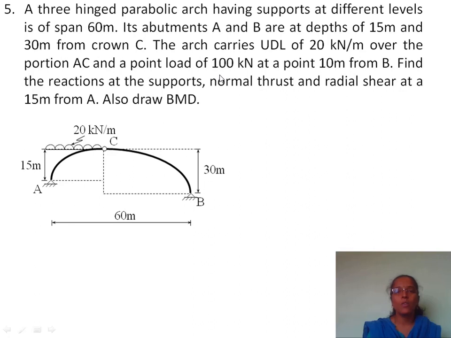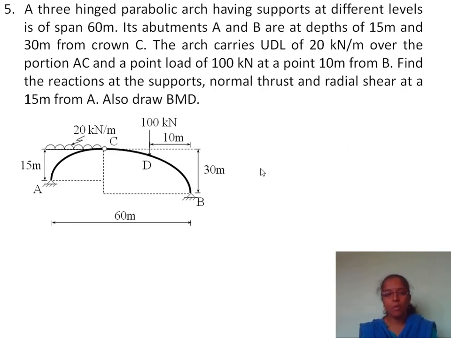And a point load of 100 kilonewton at a point 10 meter from B. Let us take this point as D, which is at 10 meter from end B, where a 100 kilonewton point load is acting. This is the given problem for which we have to find reactions, normal thrust and radial shear at 15 meter from end A, and we have to draw the bending moment diagram.